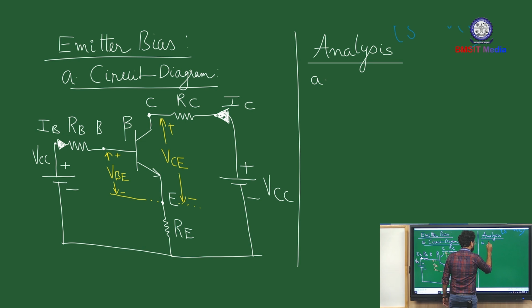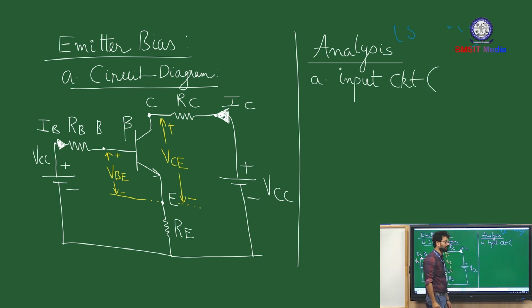Input circuit. As I mentioned previously, the input circuit can also be called the base emitter loop, the BE loop. In the input circuit, as you can see, the base current is flowing in clockwise direction, right?